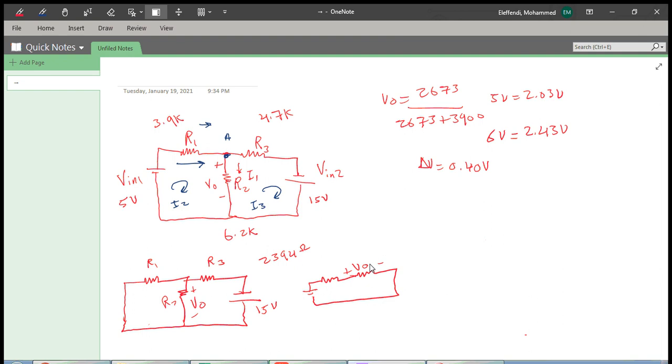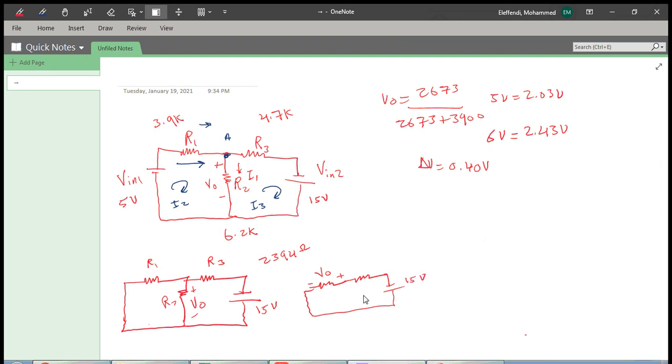Now I'm going to use the voltage divider rule. So I will have, this is the R equivalent that I just found, this is R3, and this is the minus 15 volts. Now this is plus minus VO, and this is the 15 volts.